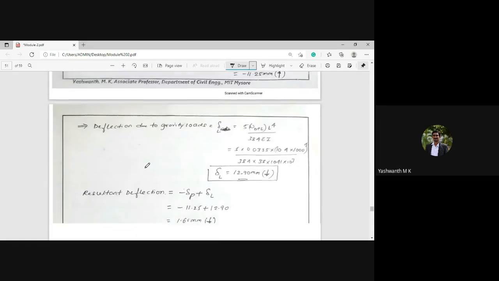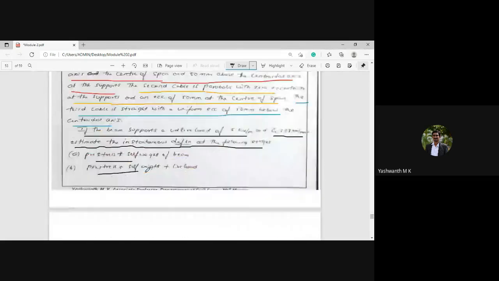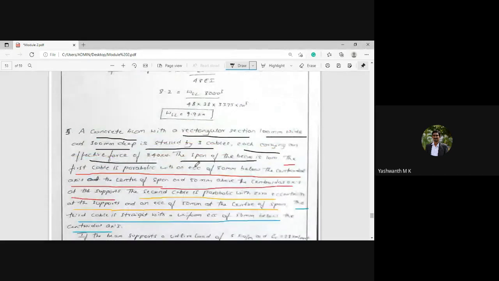So let me go ahead with that problem. Now this is the problem that has been given. It is a rectangular section, 100 mm wide and 300 mm deep, stressed by 3 cables which have been mentioned. The span of the beam is 10 meters and each cable will be stressed with an effective force of 240 kilonewton.